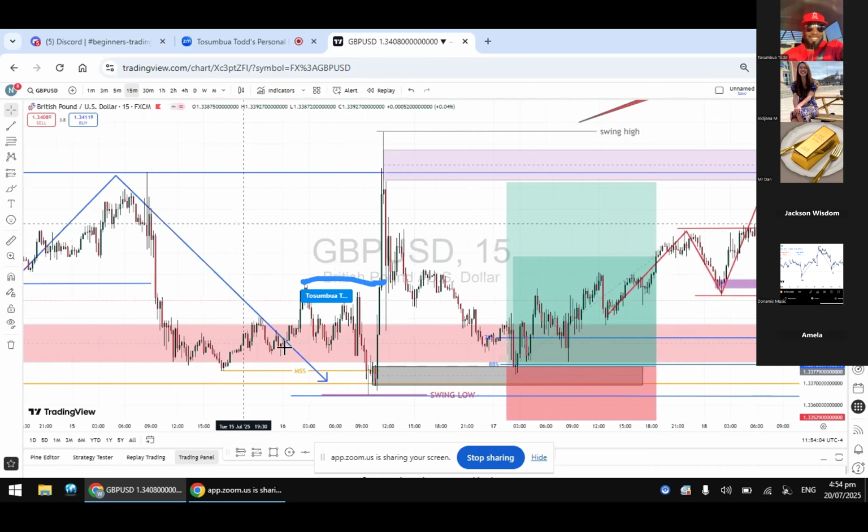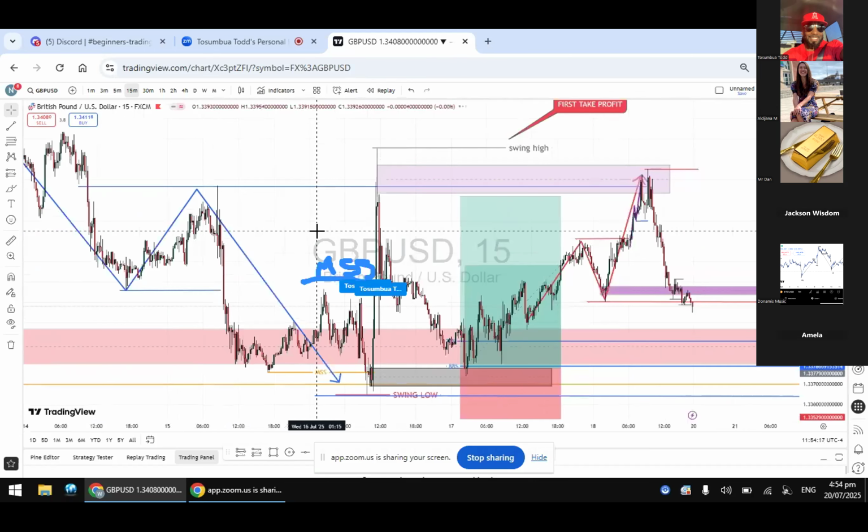You had a MSS, change of character. To me, this right here is not a market structure shift because you're in a downtrend, right?